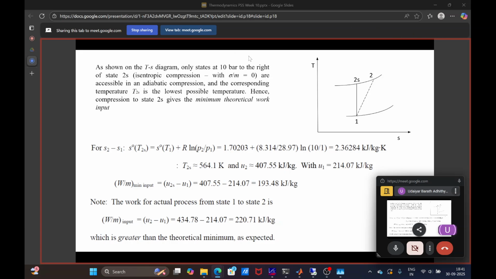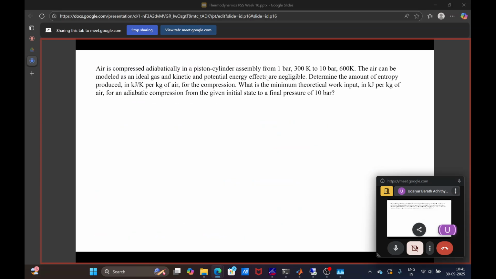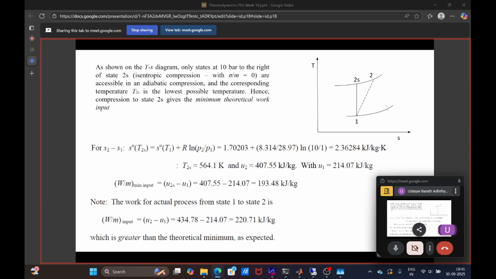So if you plot a process on a T-s diagram, here initially you have two isobars. The initial isobar of 1 bar and 10 bar. So this is 1 bar and this is 10 bar. So from 1 you are compressing it to state 2.